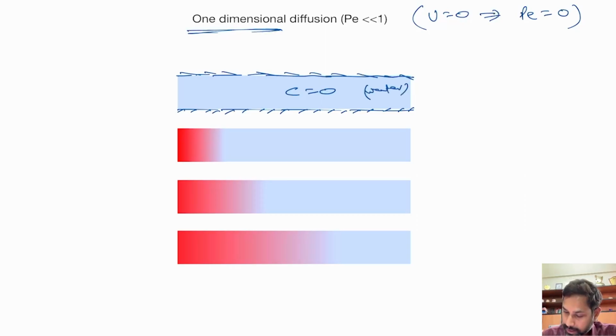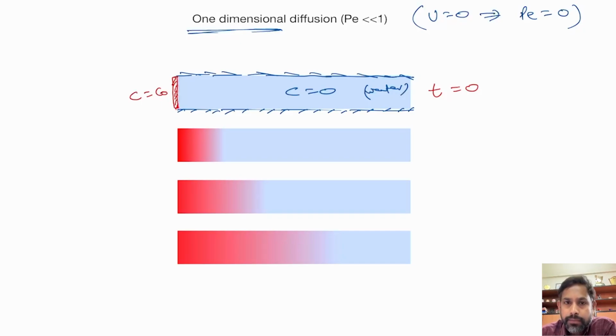Okay, and now we supply a constant concentration boundary. From here, let's assume that C equal to C naught, and we maintain that concentration at the left boundary. Okay, and in the beginning, at time t equal to 0, your concentration is 0 everywhere, but it's equal to C naught at the left boundary, right?